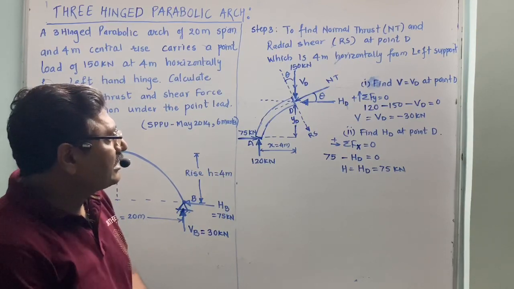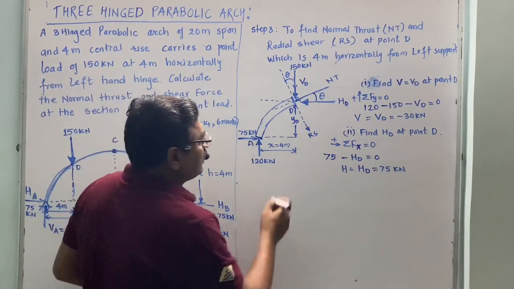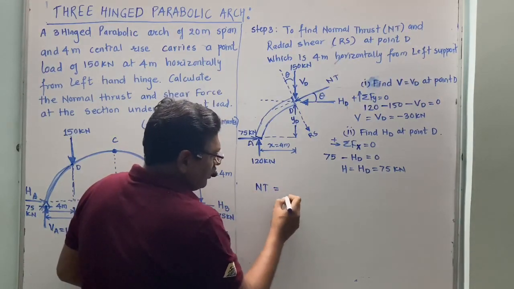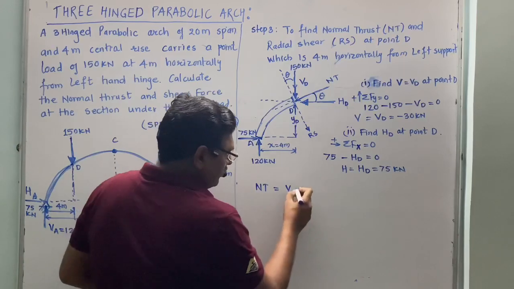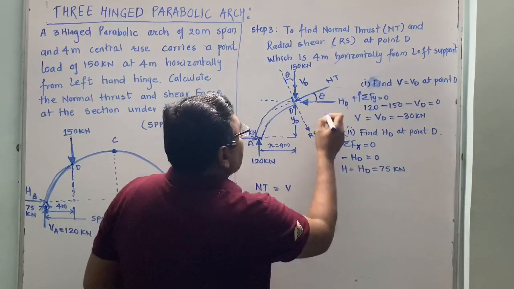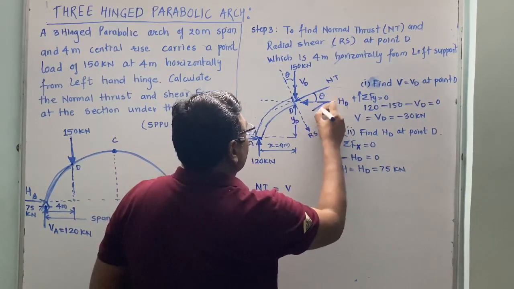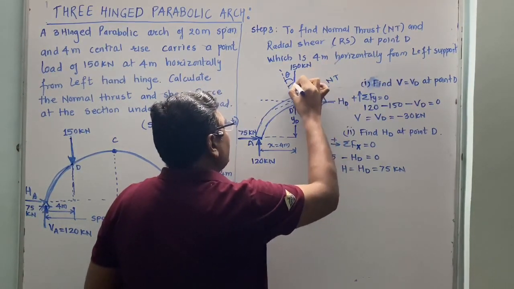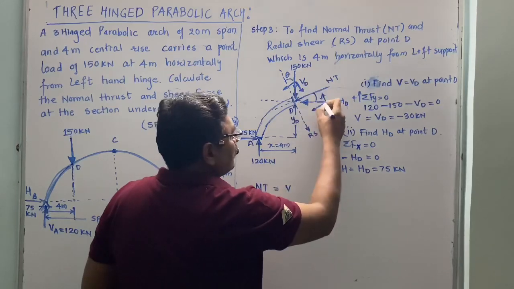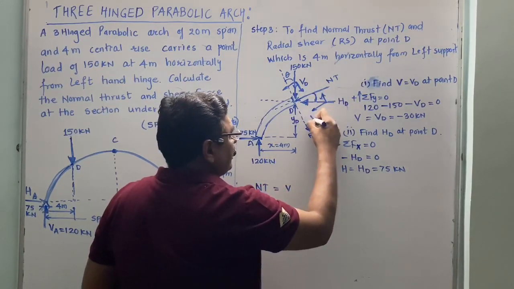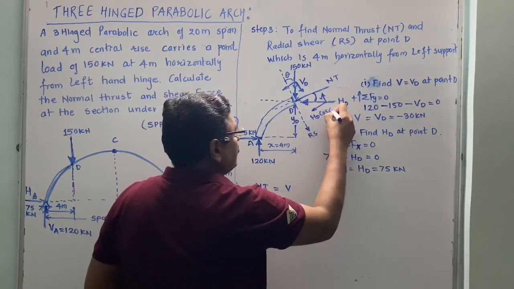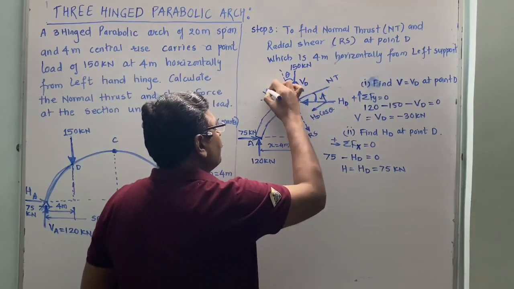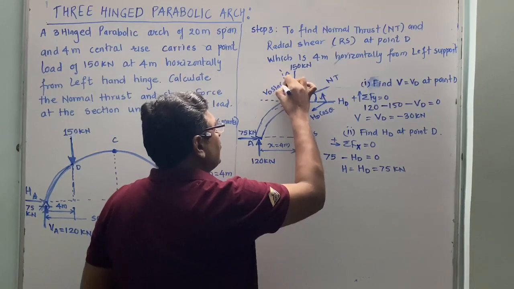Now, to calculate this normal thrust, we have the standard formula. We can resolve these forces like this. Theta is with respect to horizontal, so here HD cos theta, and theta is with respect to vertical, so this is VD sin theta.